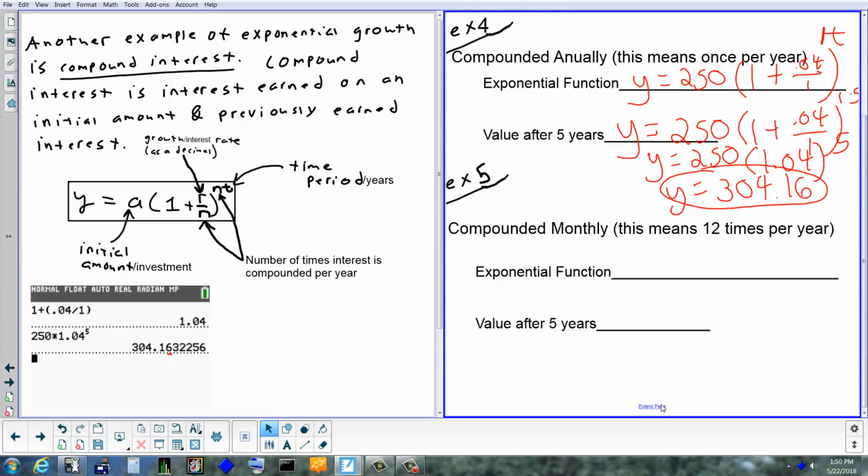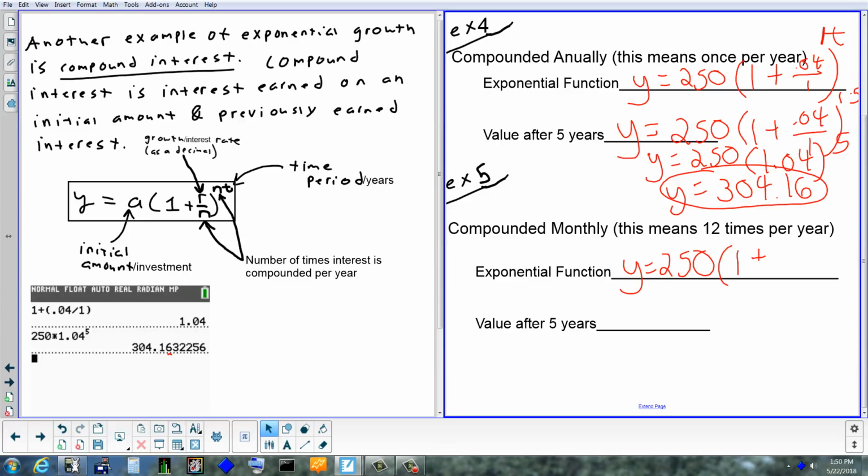I just did number 5. So compounded monthly. What's going to change? The only thing that's going to change here is the n. Everything else stays the same. We're still starting with 250.